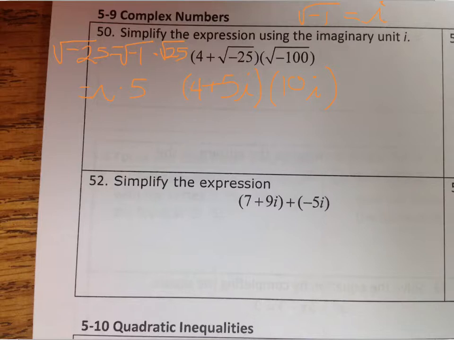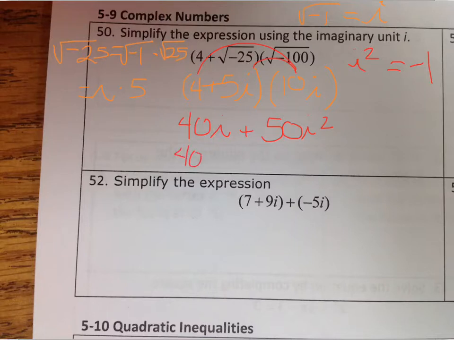Now, when I do this problem, I'm going to go ahead and multiply right there. So that leaves me 40i. Remember, you treat i like you would x. So then I just have i, and then I have 50i squared, because i times i is i squared. Now, we have the definitions up here. If the square root of negative 1 equals i, then i squared equals the square root of negative 1 times the square root of negative 1, which is just negative 1.